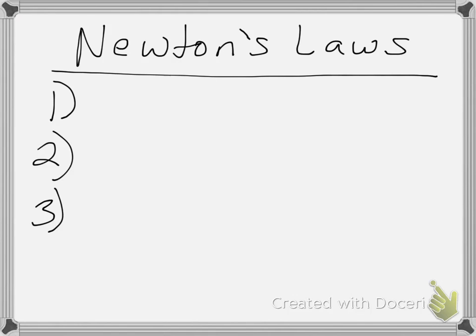Now, you probably know two of them, even though you may not realize you know them. I don't have enough space here to write them all out as written, but I'll summarize them here and then we'll write them out. The first law is sometimes known as the law of inertia, and that is that an object at rest will stay at rest.